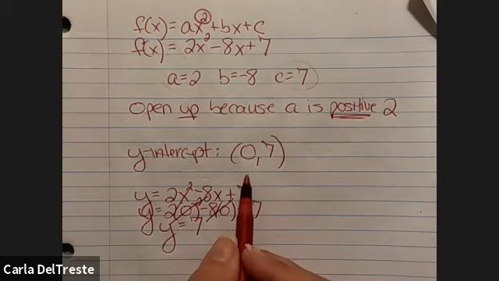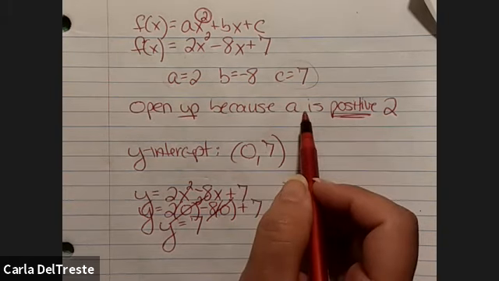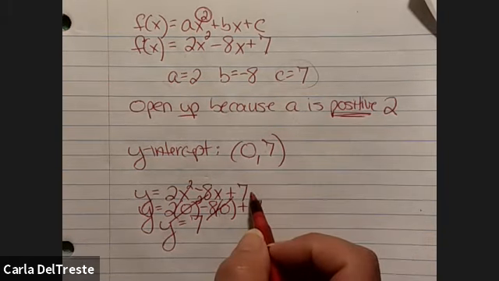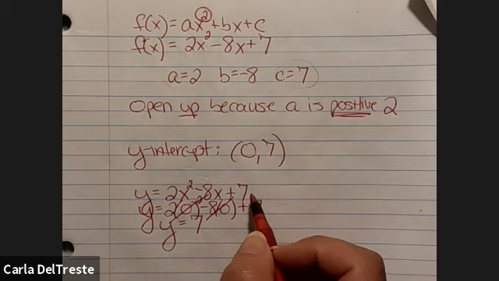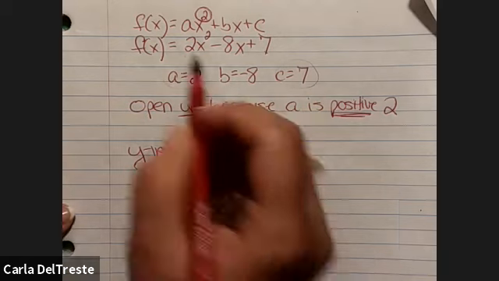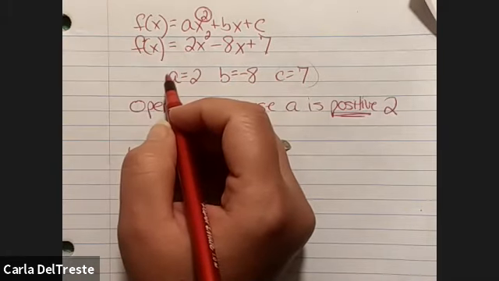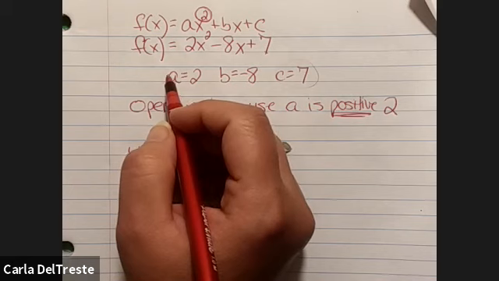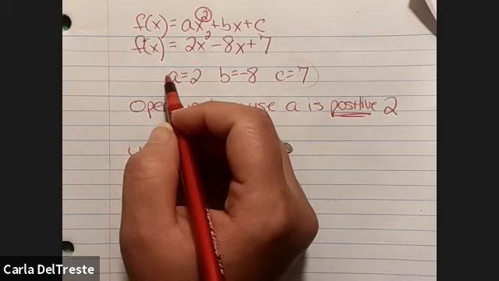So that's why this constant value always winds up being the y-intercept. Again, I don't want you to memorize things. I want you to have a feel for why they're happening. So I know this is going to open up. I know that the y-intercept is (0, 7). And if you wanted to, and you have something to graph with, in this course we're going to use either the graphing calculator or Desmos, which is free.